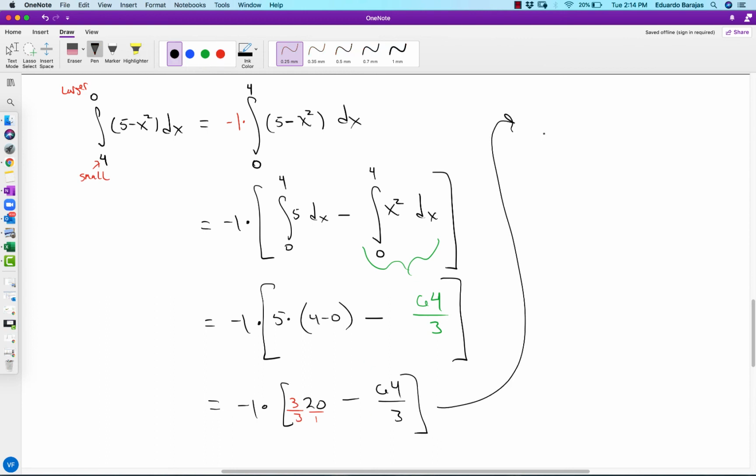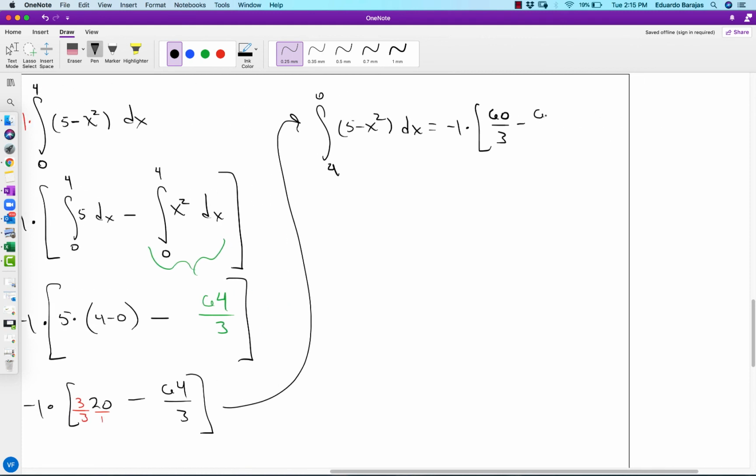Then that leads me to say that the integral from 4 to 0 of 5 minus x squared dx is really going to be equal to -1 times, and then this is 60 over 3 minus 64 over 3, which makes it -4 thirds, which is -1 times -4 thirds.